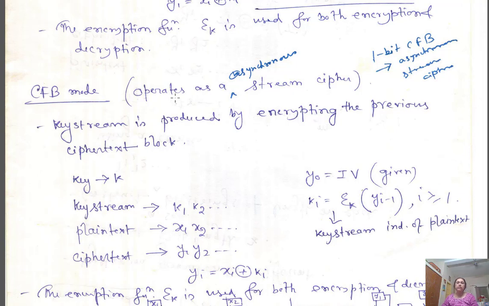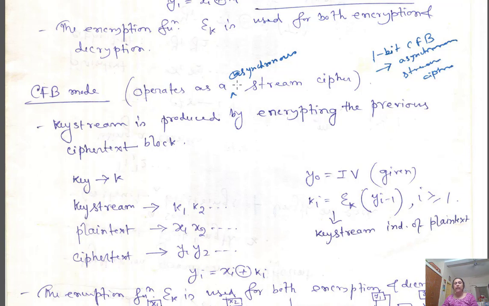As I said, this operates as an asynchronous stream cipher. It means when you generate the key stream from the given key, this key stream generation depends not only on K, it also uses plain text or ciphertext or both. In this case, while generating the key stream, it uses the key as well as the ciphertext.